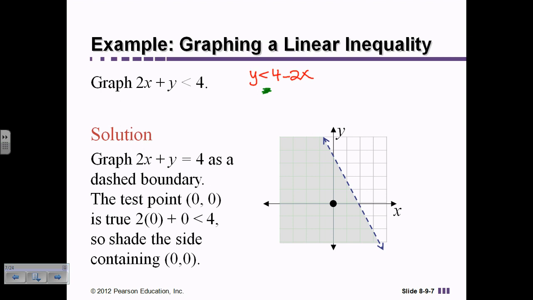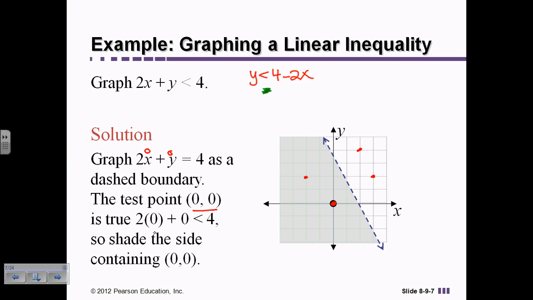So what we have to do is pick any point that we want that's not on the line. I could pick this point, I could pick this point, but the easiest point to pick, if you have that option, is the origin 0, 0. So we're going to pick 0, 0 as our test point. And what we're going to do is plug 0 in for x and 0 in for y.